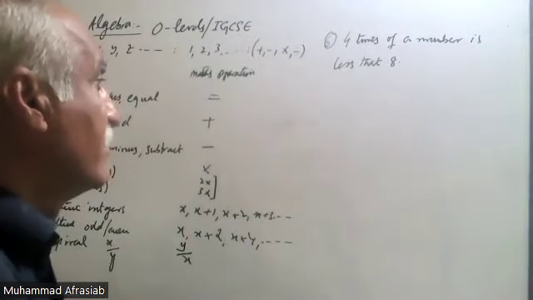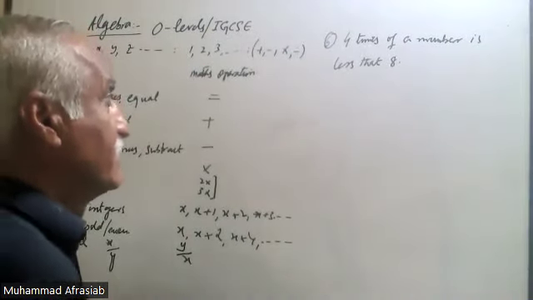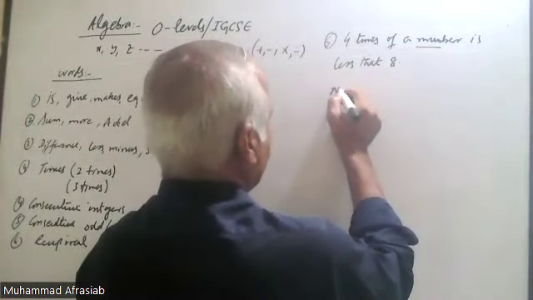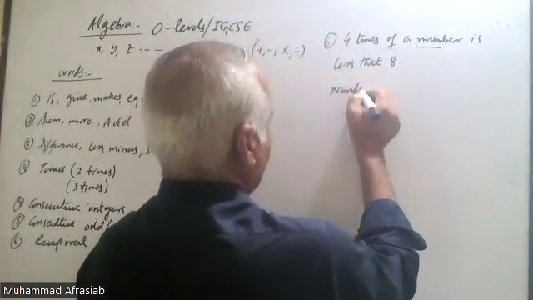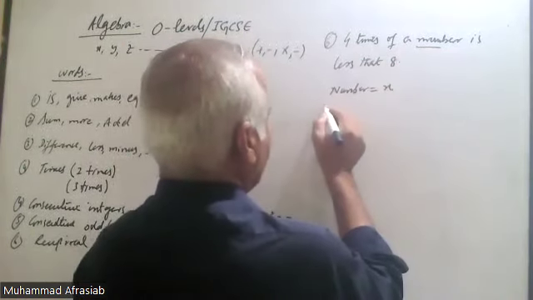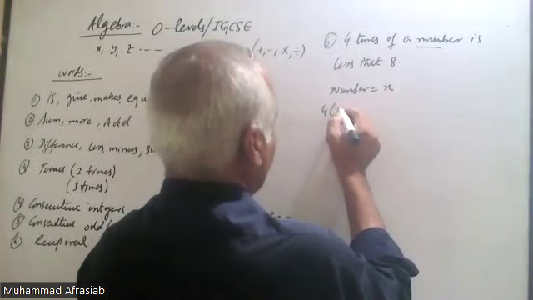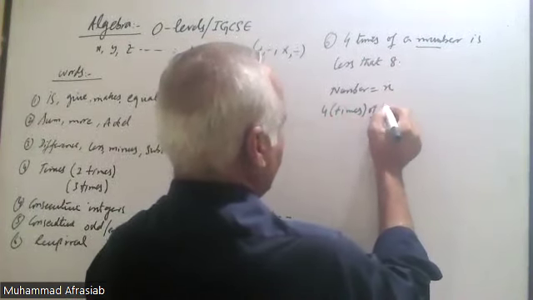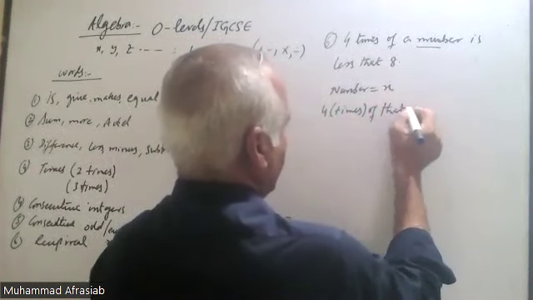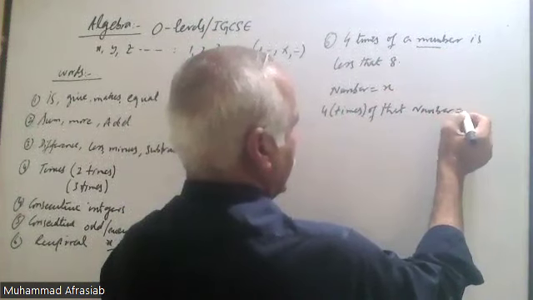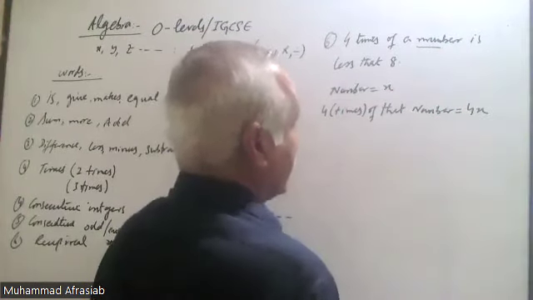Four times a number is less than 6. So again, let the number be x. Four times a number means 4x.